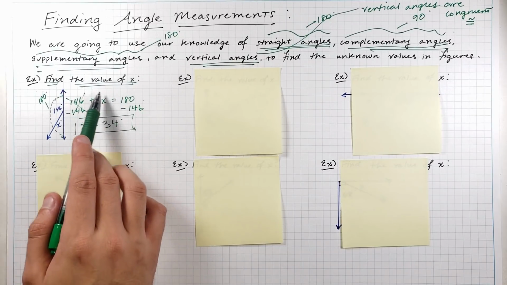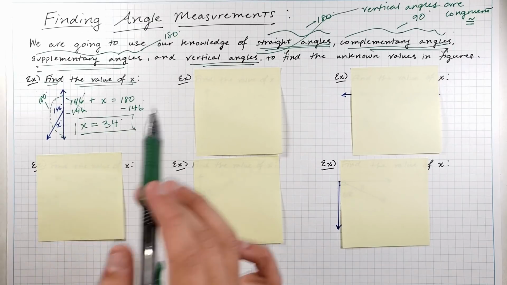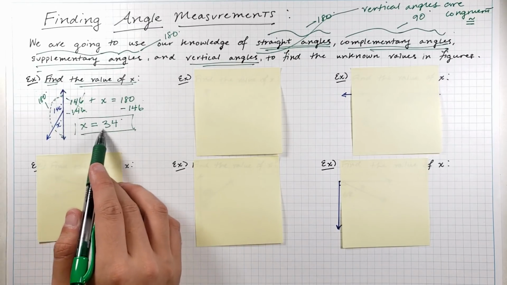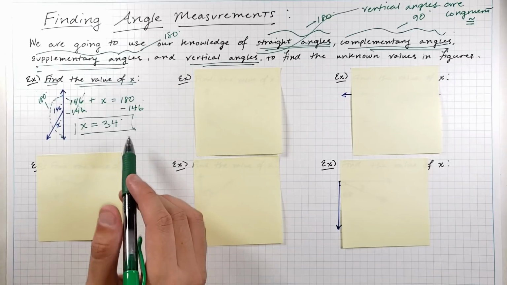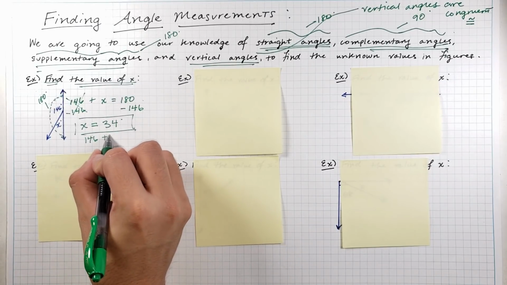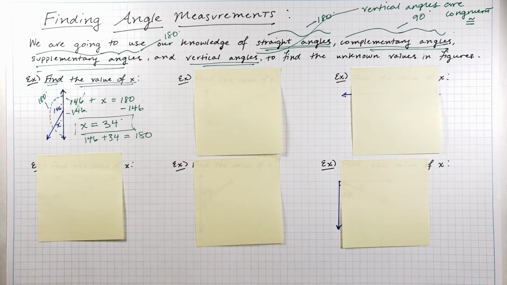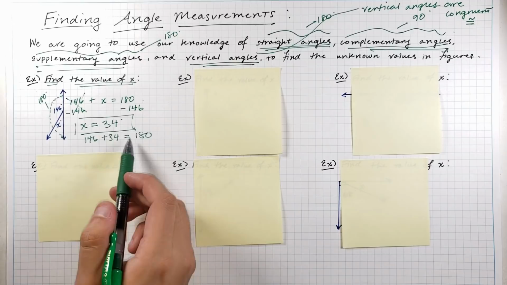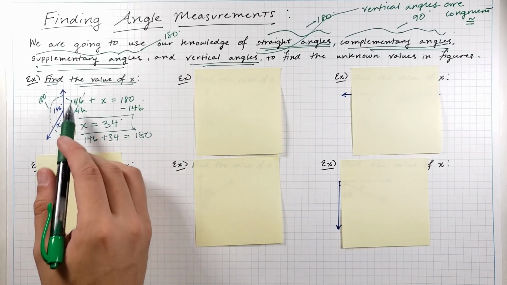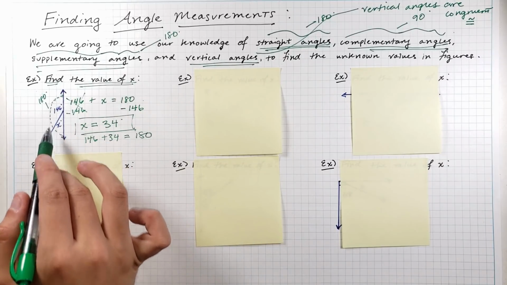Then I got x by itself by subtracting 146 from both sides, and I got x equal to 34 degrees. Sure enough, 146 plus 34 is equal to 180 degrees. Now that you know x equals 34, you can also say that these are supplementary angles because they add to be 180.